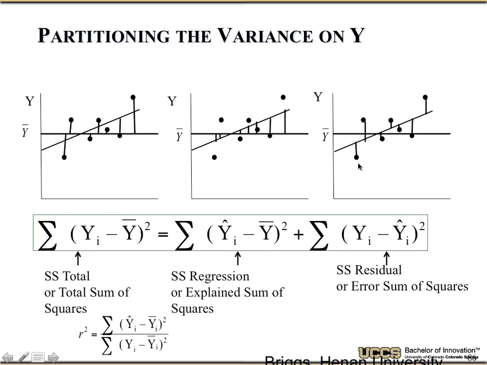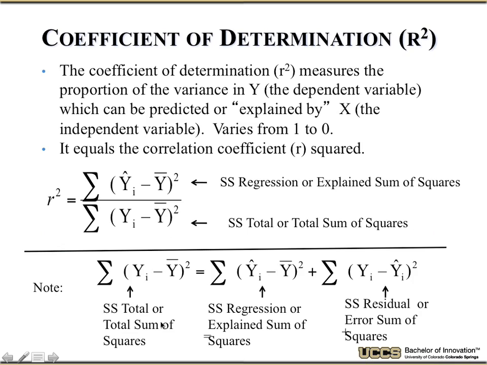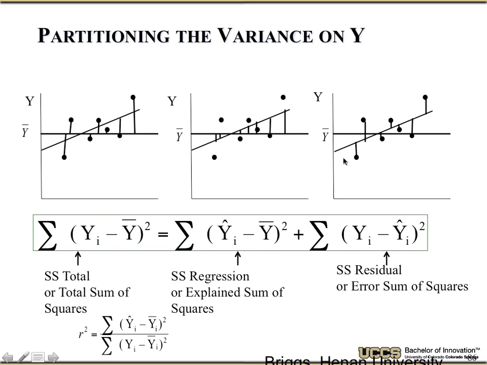And that's what the partitioning is saying, that if I take the raw total sum of squared errors, I get it as a combination of the distance from the line plus the distance of the line from the data. So that puts the two together. And then R squared is really just this ratio of the regression, or explained error, versus the total error. So it's this error divided by the total error.